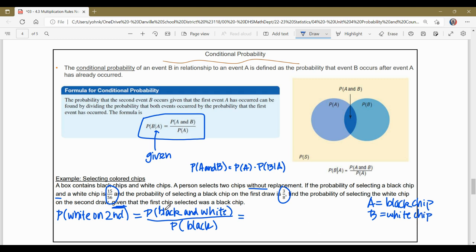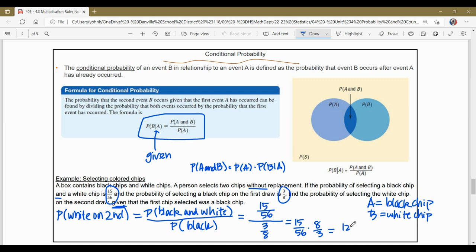Okay, so the probability of getting a black and a white chip at the same time is 15 over 56. And the probability that I get a black chip is 3/8. So when you divide fractions, you might not remember, you keep the top fraction the same and you multiply by the reciprocal of the denominator.